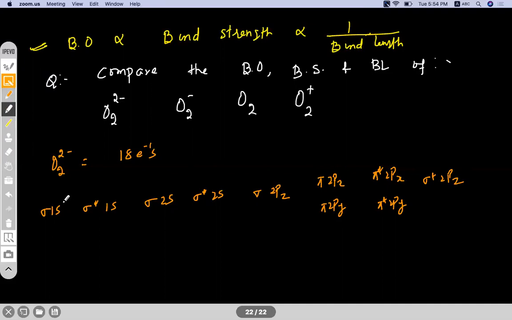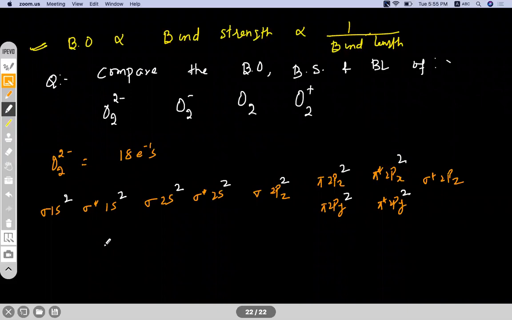We have 18 electrons: 2, 4, 6, 8, 10, 11, 12, 13, 14, 15, 16, 17, and 18.